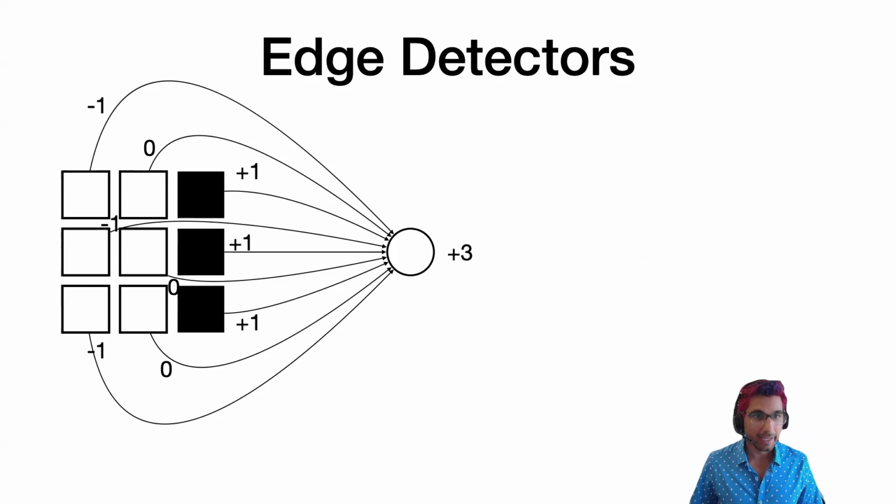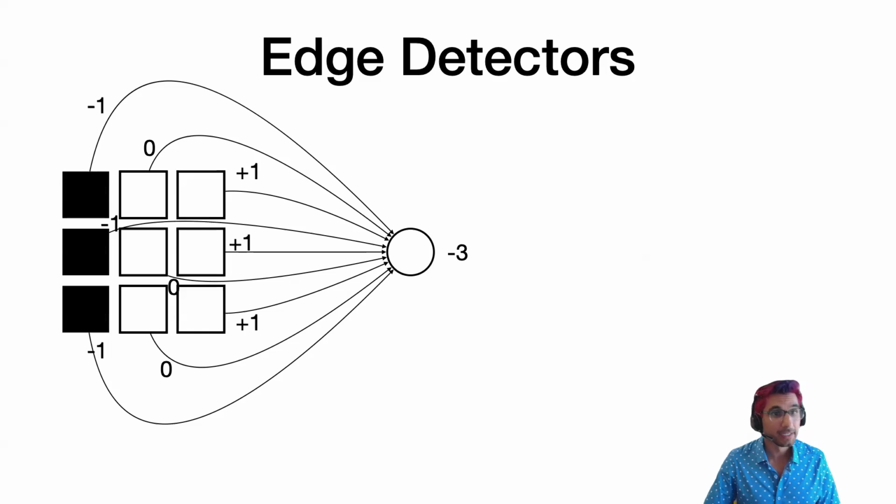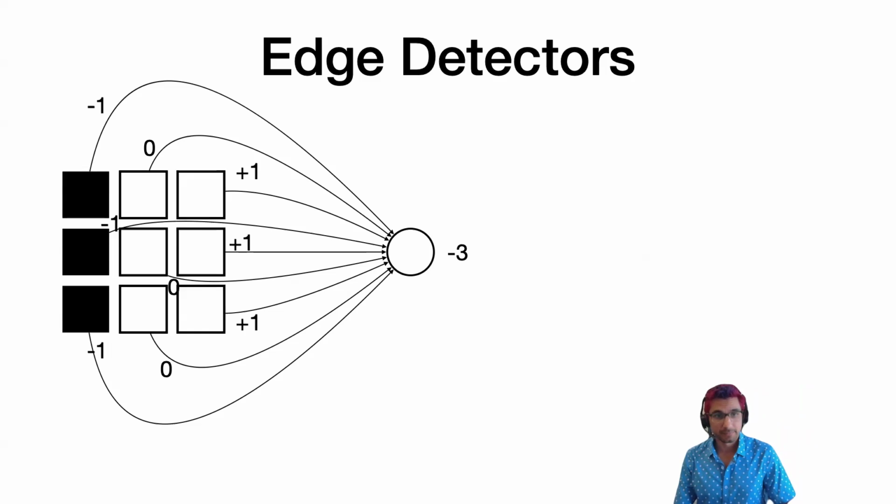So now, if the input happens to have 3 vertical black pixels here and 3 vertical white pixels on the left, then this will result in a weight of +3 into this first layer hidden neuron. If we have the opposite pattern, then we'll get a -3.